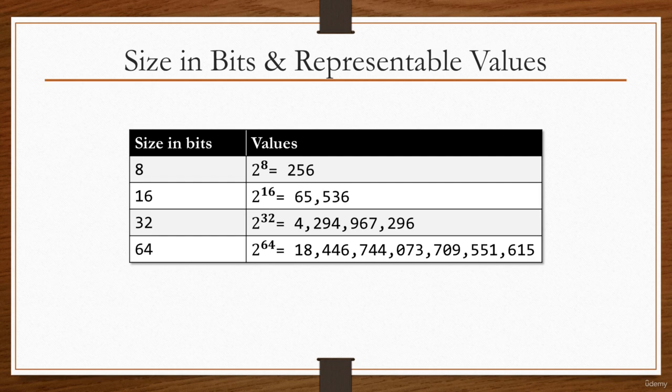Also, it's important to note that when you multiply stuff together and you store the result in some variable, you might get an overflow error or problem with your code. You might get some value that you don't expect. We'll take a look at an example later in the video where you might have two variables, you multiply those together, and you expect the correct result to simply show up.